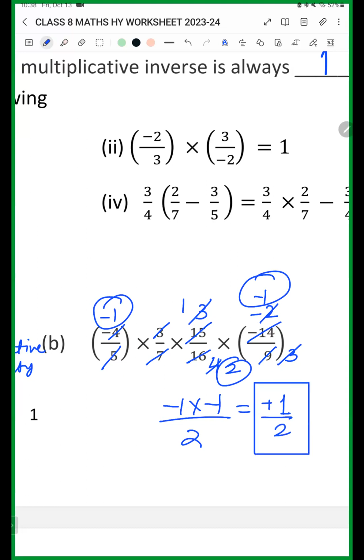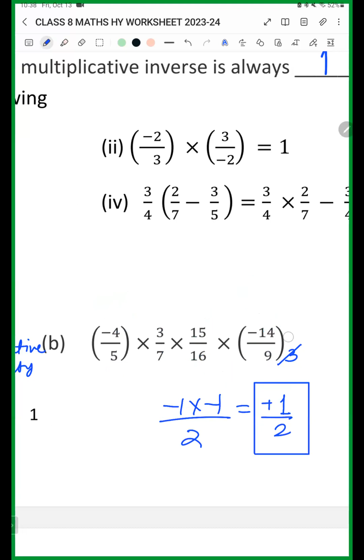Wait, I have a question. When we cancelled 5 and 15, why didn't we write 1 there, like below 5? Okay, no problem. You can write 5 ones are 5. See, Hiba, you can write it, but you can also skip it because 1 multiplied by anything is going to be the same thing. So when we do cancellation, we often skip the 1.